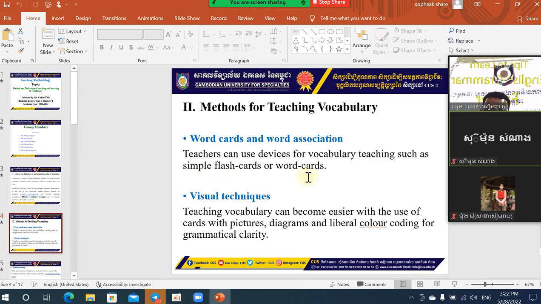And for visual techniques, teaching vocabulary can become easier with the use of cards with pictures, diagrams, and liberal color coding for grammatical clarity. Yes, so different.